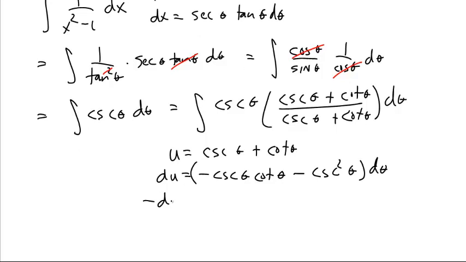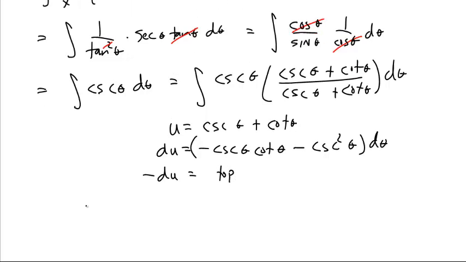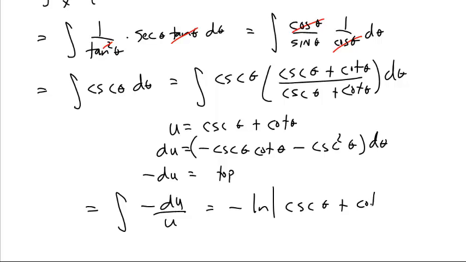So negative du is the top. So this whole thing turns into the integral of negative du over u, which is negative the natural log absolute value of u, which is cosecant of theta plus cotangent of theta plus c. Now, if you had that memorized, then this might not be so bad of an integral.